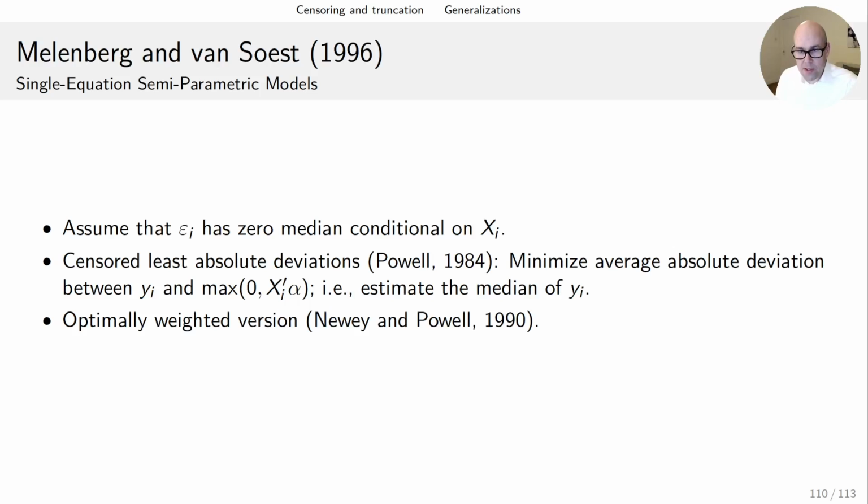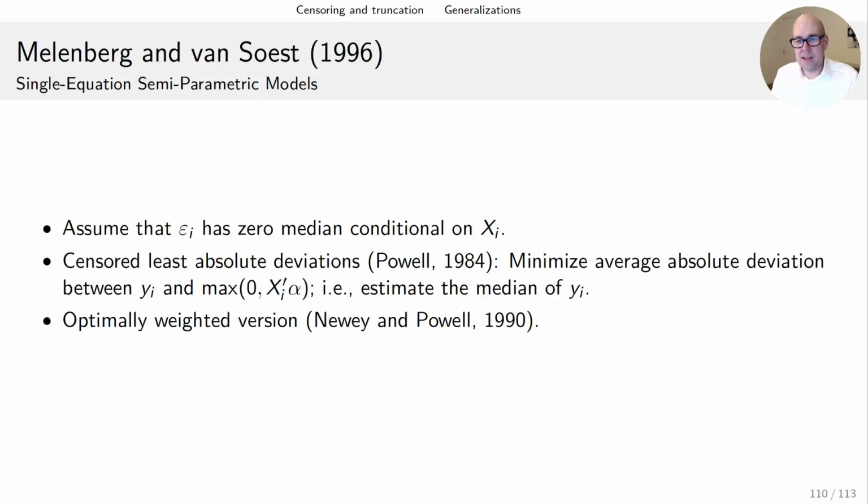The way this works in a nutshell is that one minimizes the average absolute deviation between y_i and what is predicted. And what is predicted is the max of 0 and x_i alpha. Okay?